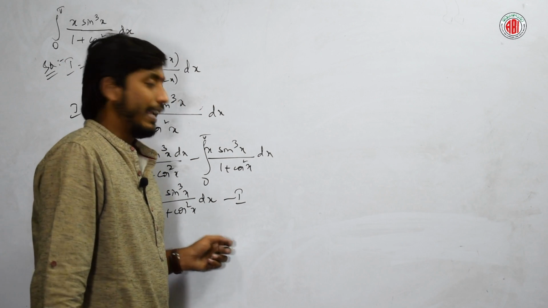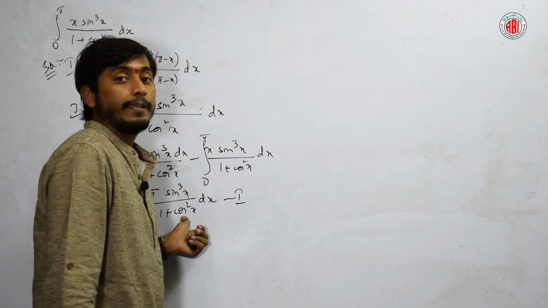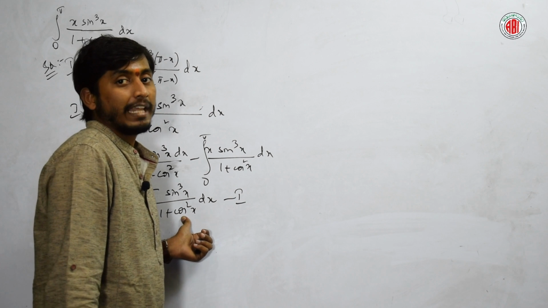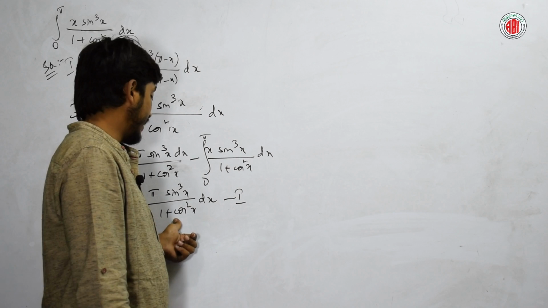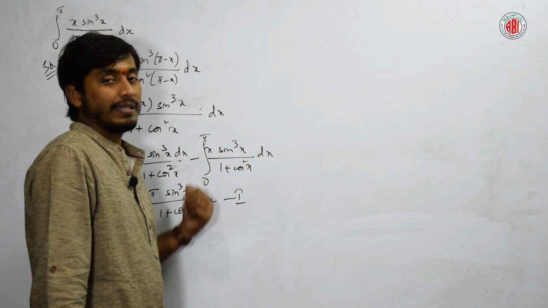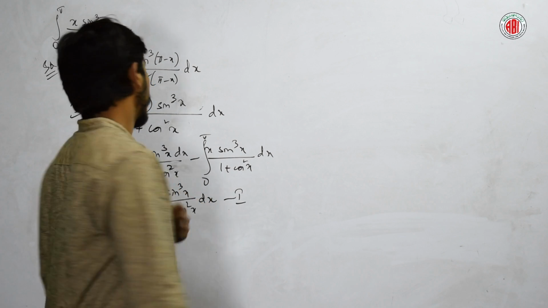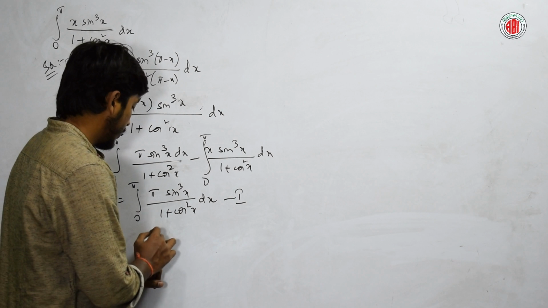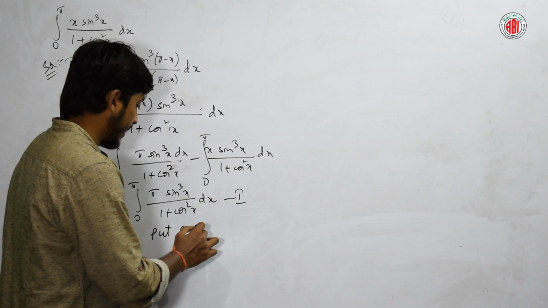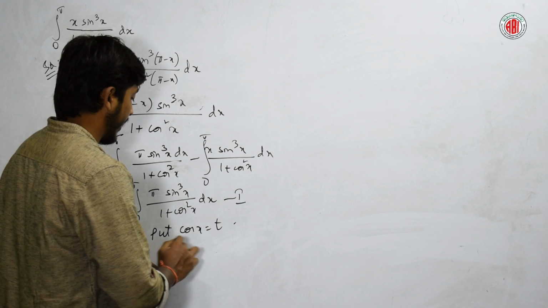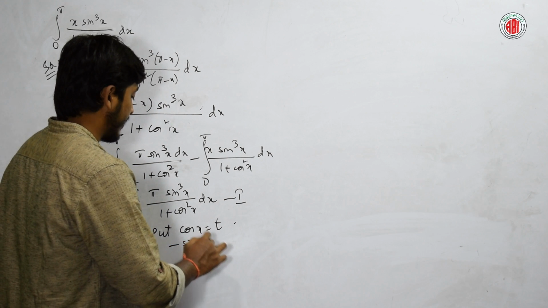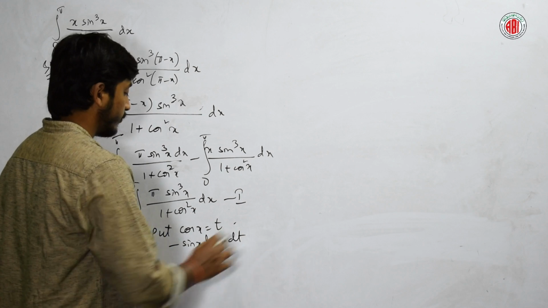How do we solve this term? Can I take cos x as t? Let us take one value as t and simplify the other things also. So, here put cos x equal to t. If I differentiate it, I will get minus sin x dx equal to dt.